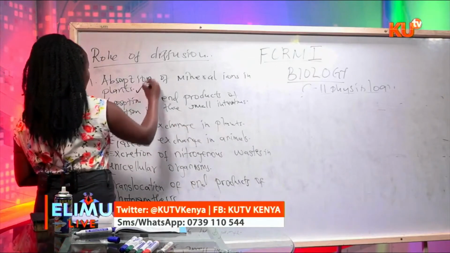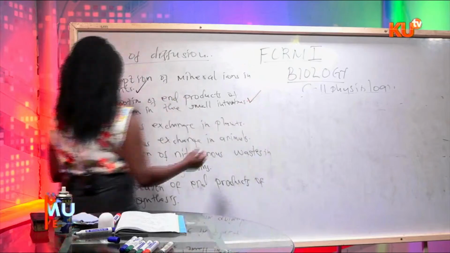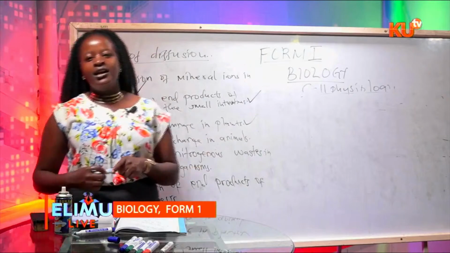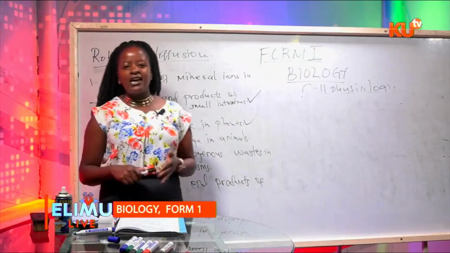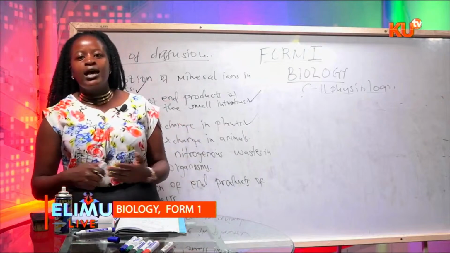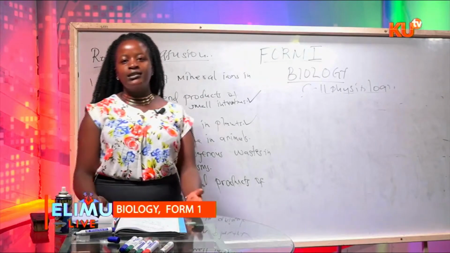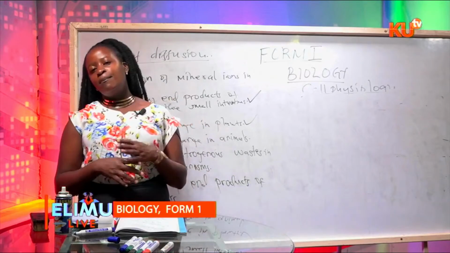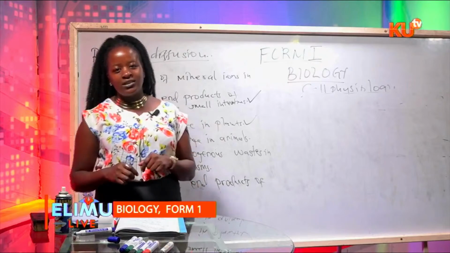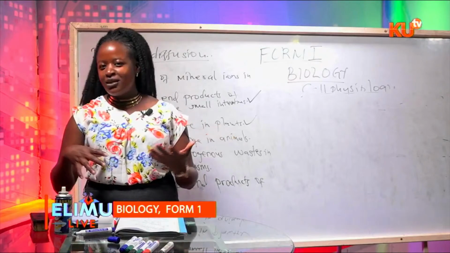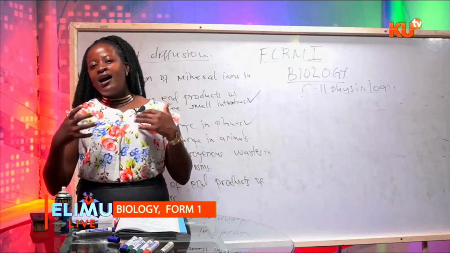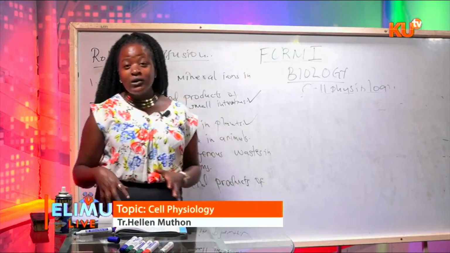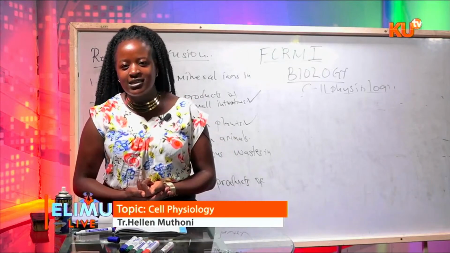Another function of diffusion is that it aids in gaseous exchange in plants. Gaseous exchange is the process where respiratory gases, oxygen and carbon dioxide, pass across respiratory surfaces. During the day, the plants take in carbon dioxide gas, which they use for the process of photosynthesis.